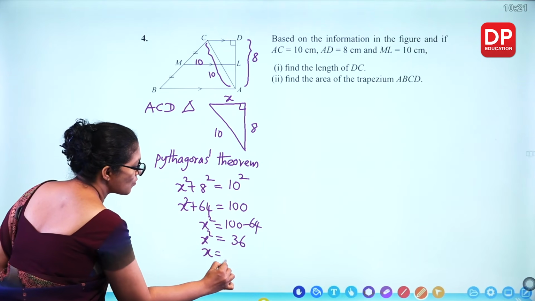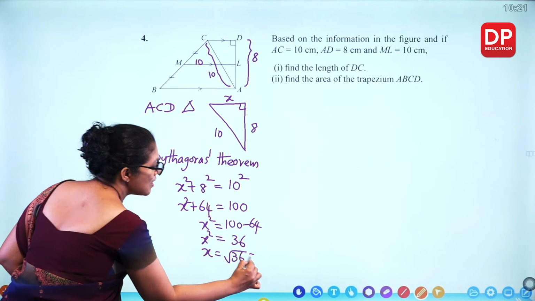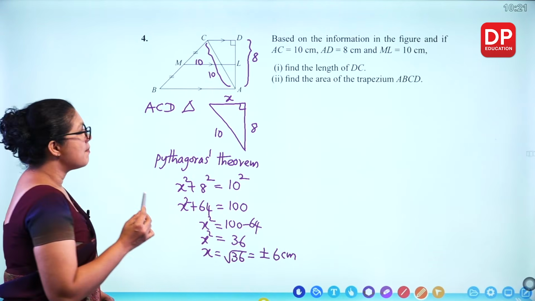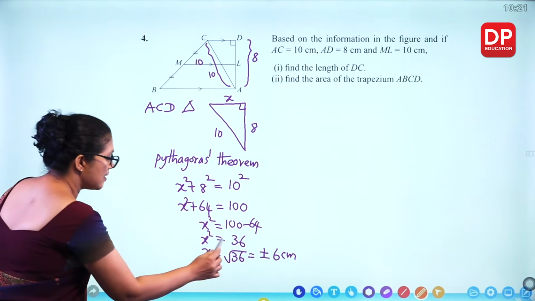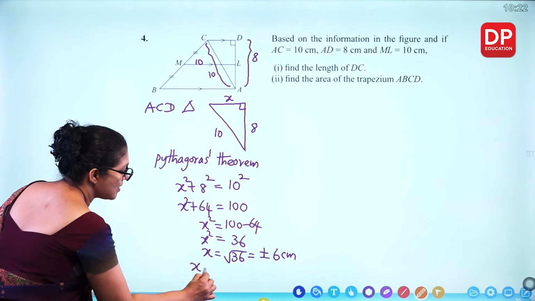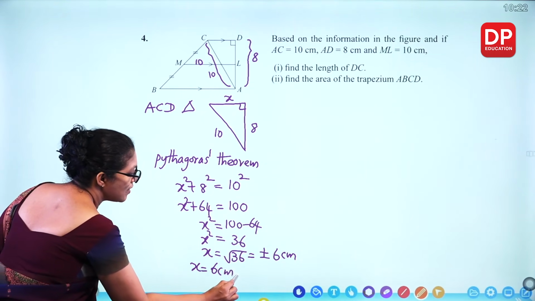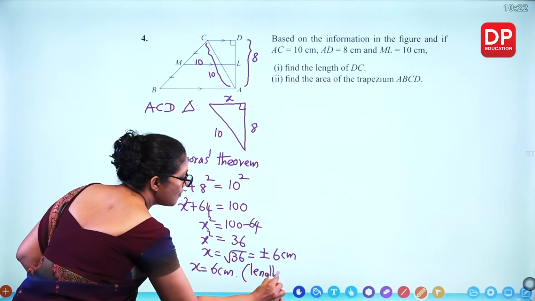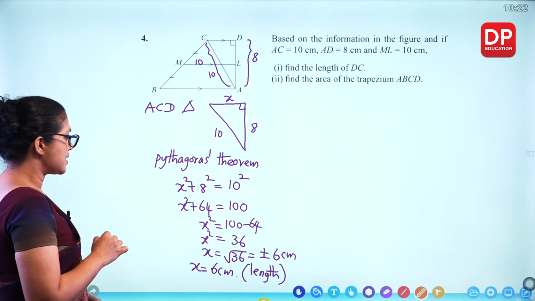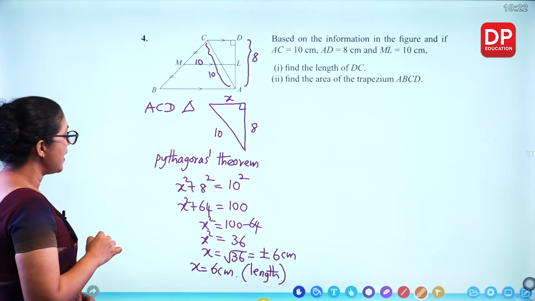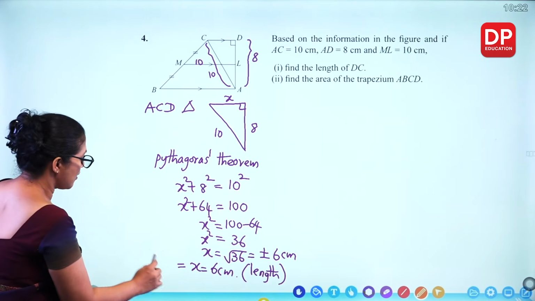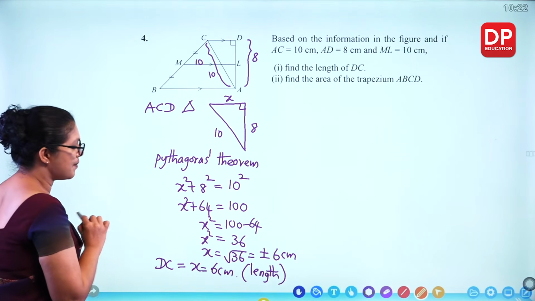So x is square root of 36, plus or minus 6 centimeters, but these are lengths. So x is positive 6 because length cannot be negative. So we found out x equals 6 centimeters. So that's the length of DC.